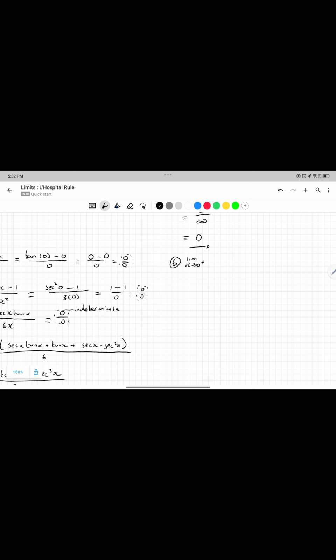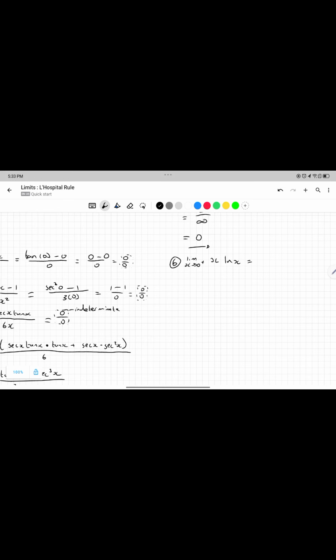Okay, it's from the right. X ln x. Okay, so this is what we have. You could solve this on your own if you want, then see the answer with me after, or we'll just leave it. Yeah, let us solve it together.